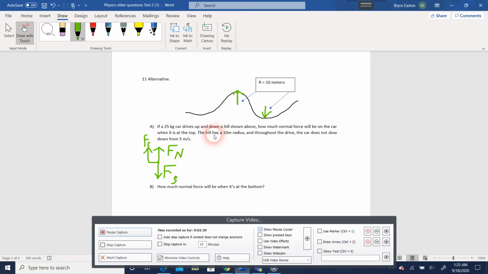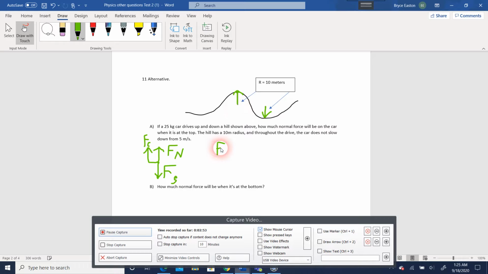So the first thing we want to do here is pretty much remember that if the car isn't leaving the hill, the forces going up are going to be equal to the forces going down.